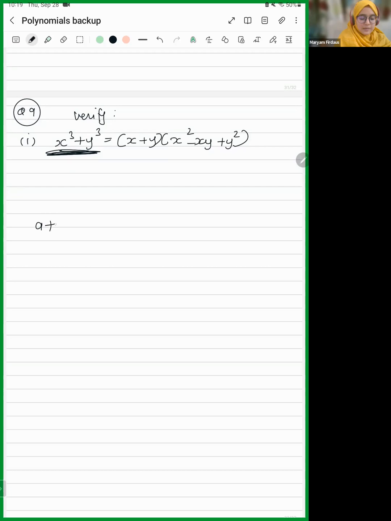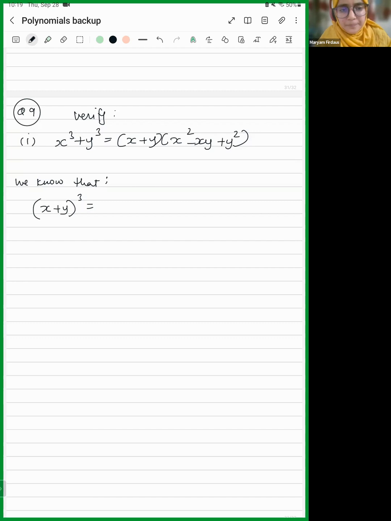A plus B whole cube, or let's say x plus y. Now this is how you write the answer. Say we know that x plus y whole cube. What is x plus y whole cube?